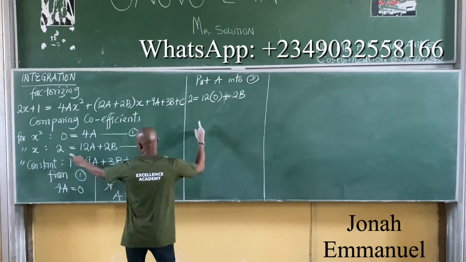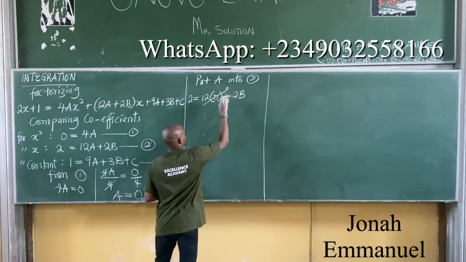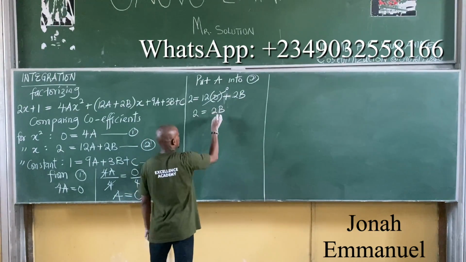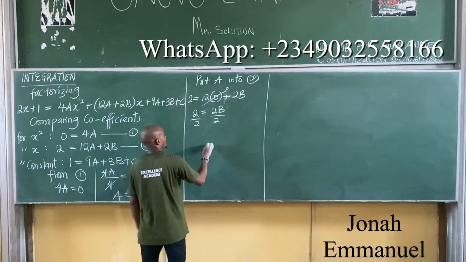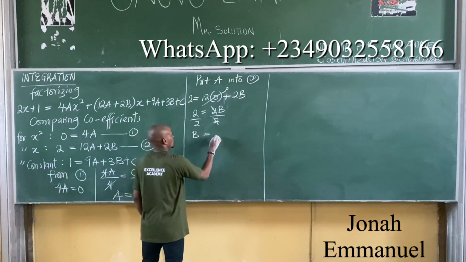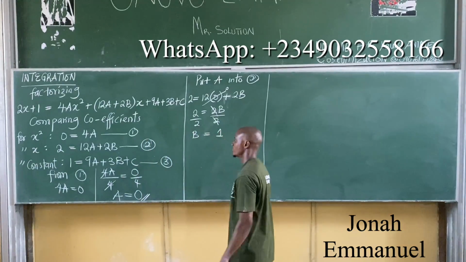Right, 2 is equal to 12A plus 2B. So this is 0. I'm left with 2 is equal to 2B, divided by 2 and divided by 2. This cancels this. So hence B is equal to what there? 1. A is 0, B is 1.